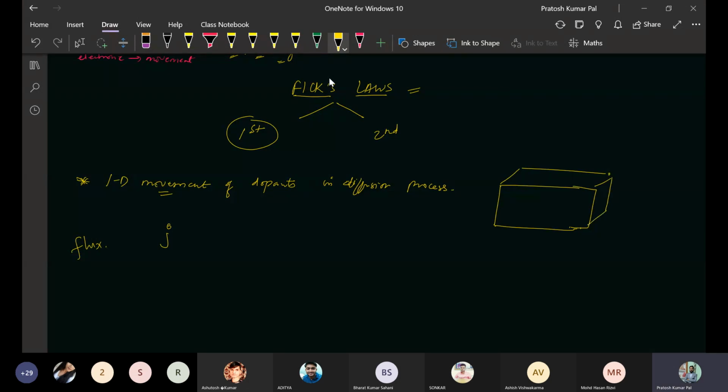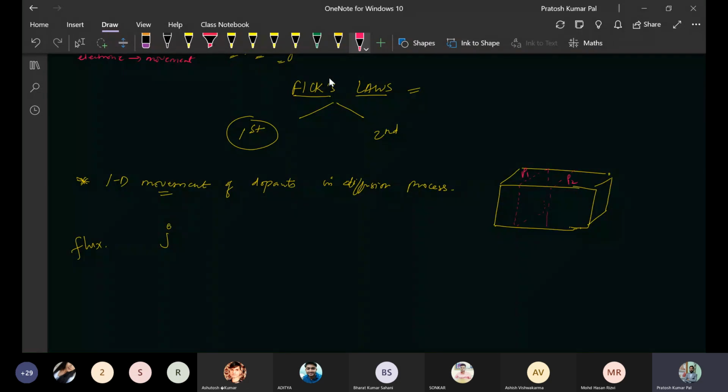Okay, so this is the silicon structure, and here two different planes have been defined, P1 and P2.